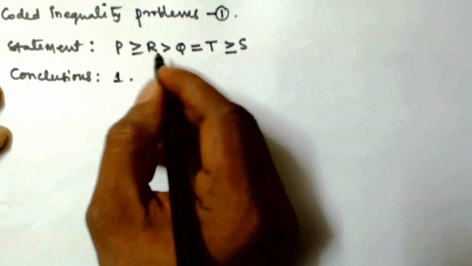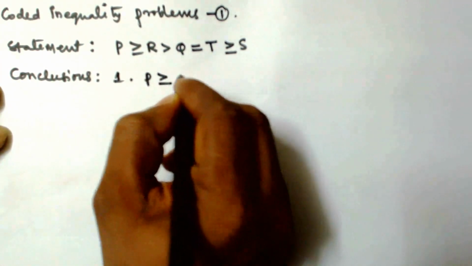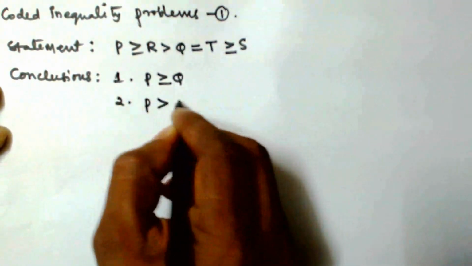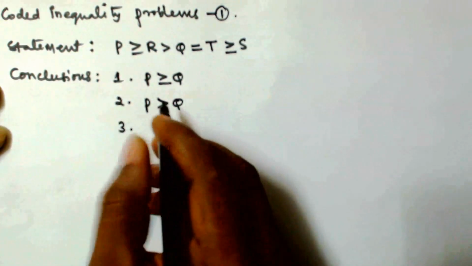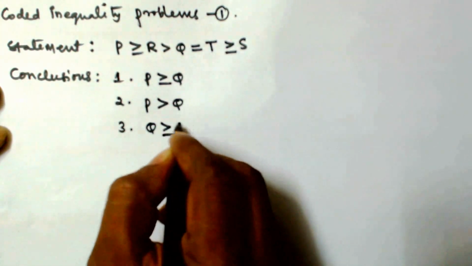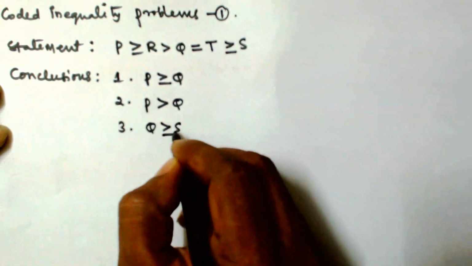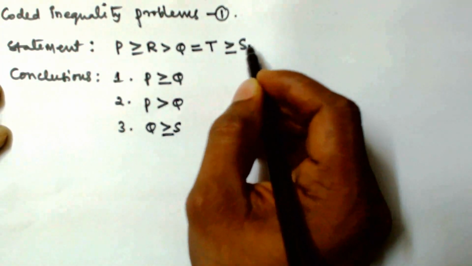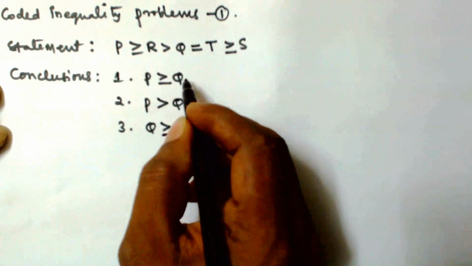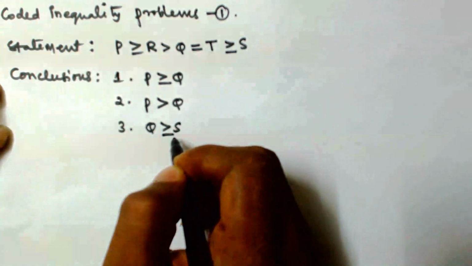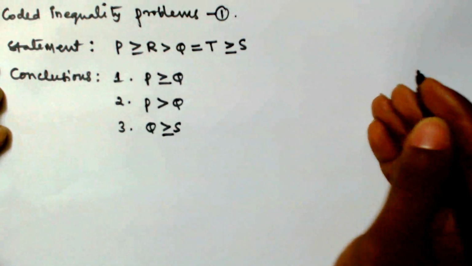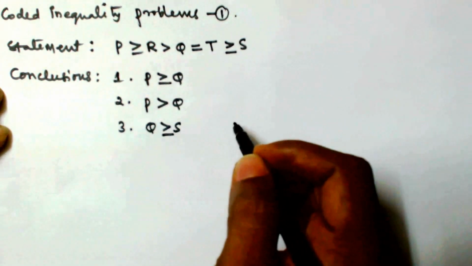The first conclusion is p greater than or equal to q, the second conclusion is p greater than q, and the third conclusion is q greater than or equal to s. Based on the given coded inequality statement, we have to find which of these three conclusions is true.